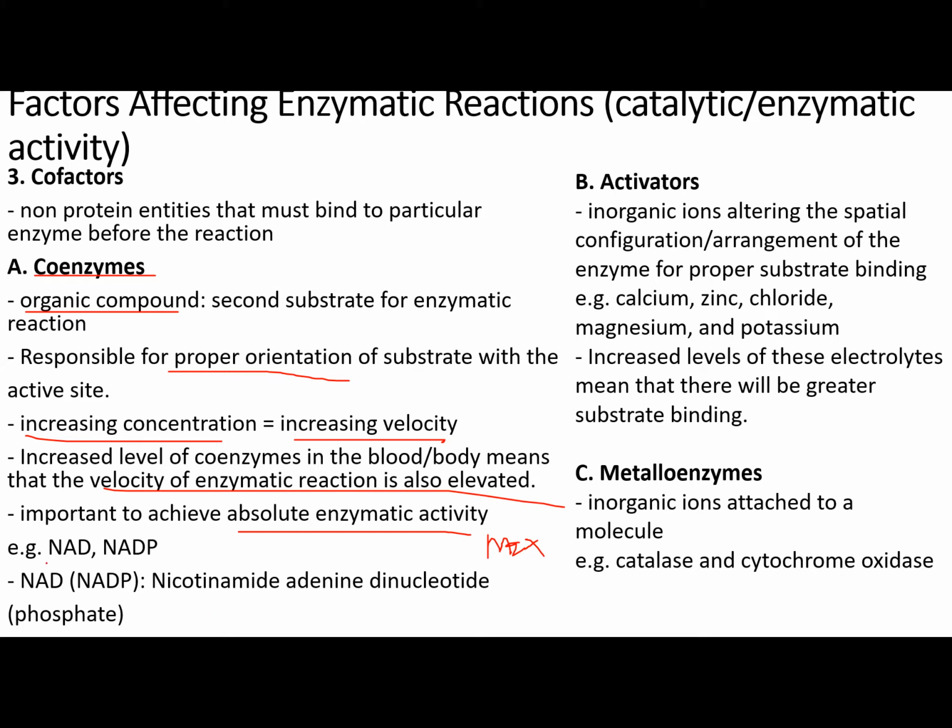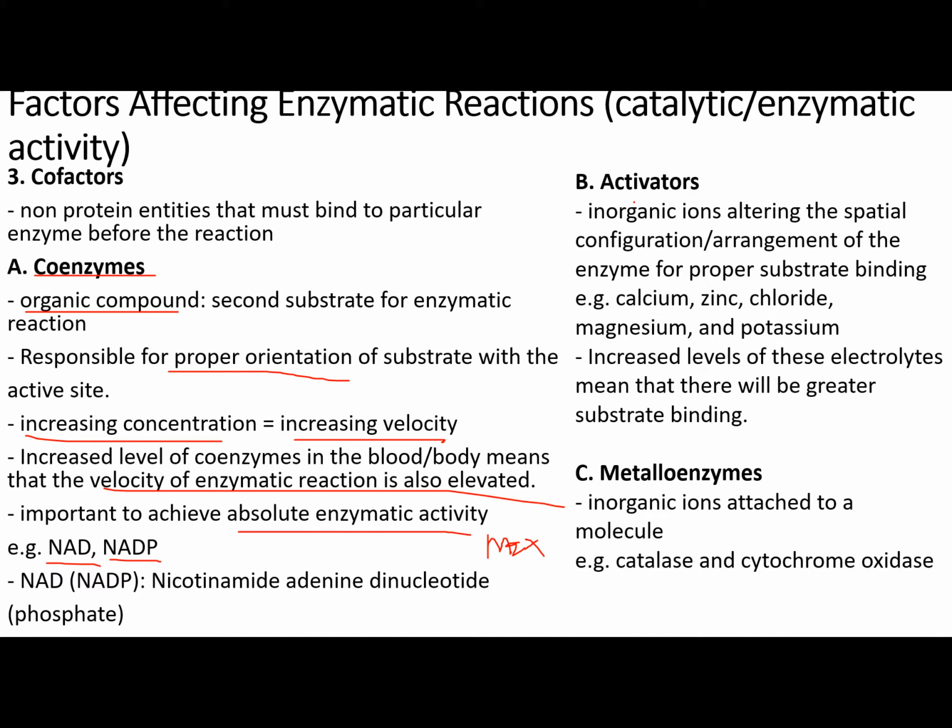Examples of coenzymes are your NAD or nicotinamide adenine dinucleotide and your NADP. So, it just has the letter P added, class. The letter P here would stand for phosphate. So NAD and NADP are examples of coenzyme.